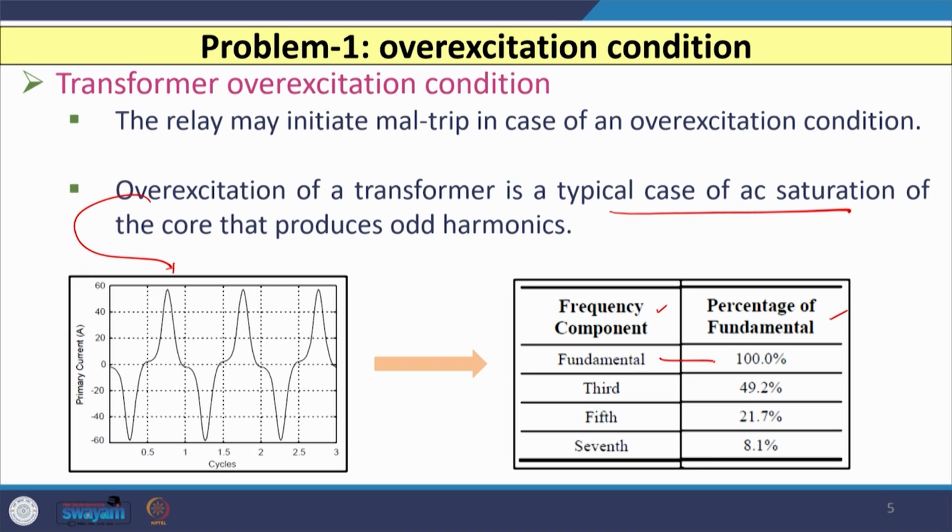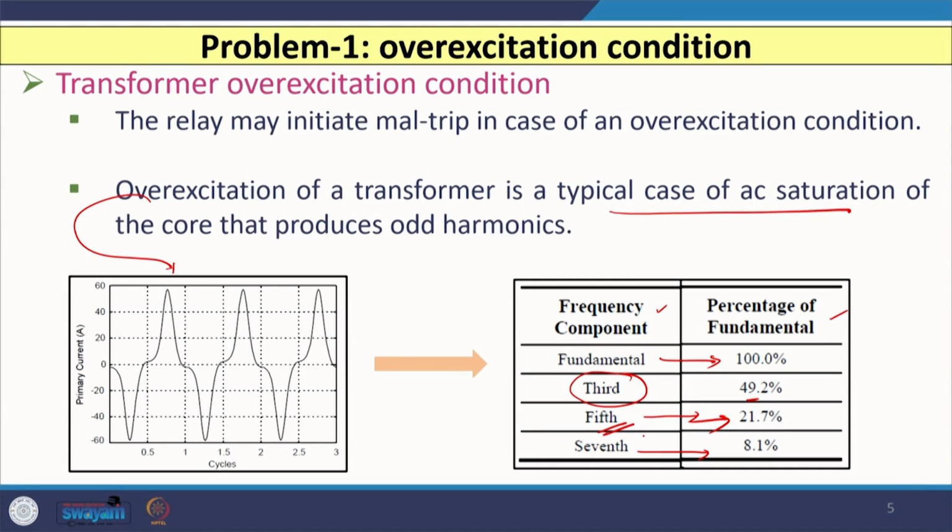The fundamental is obviously highest in the first row, but if you consider the third harmonic component, its value is 49.2% with reference to the fundamental, the fifth harmonic is 21.7%, and the seventh harmonic is close to 8%. Now, the third harmonic we cannot use, because if I have a delta connected winding, it can be trapped inside.